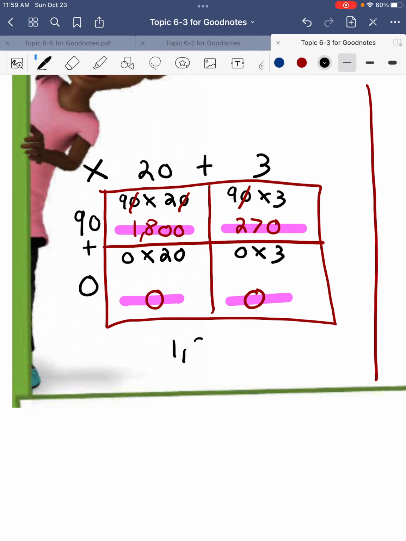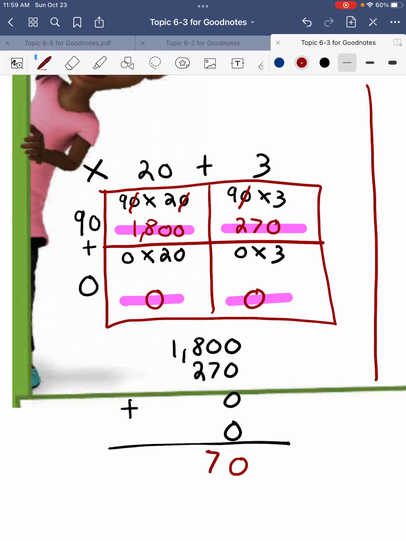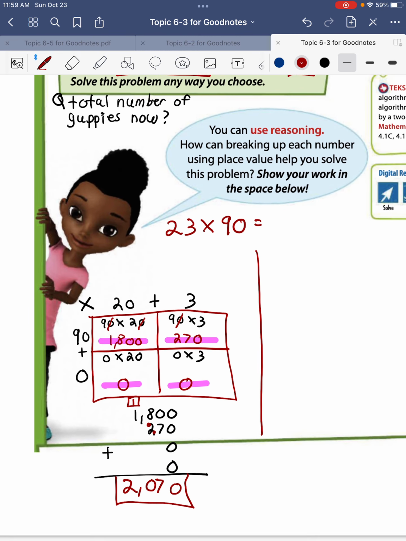I have 1,800, 270, and I can also include my zeros. So now when I add 0 plus 0 plus 0 plus 0 is 0, 0 plus 7 is 7, 8, 9, 10, carry my 1, drop my 0, drop my comma, 1 plus 1 is 2. Okay. So 2,070. That is one way to do it.